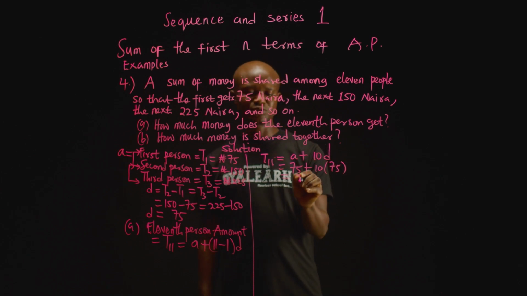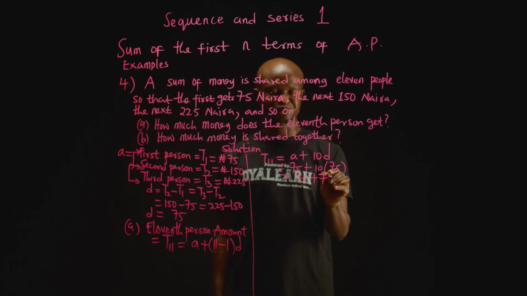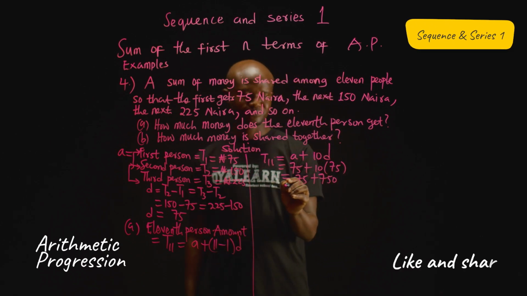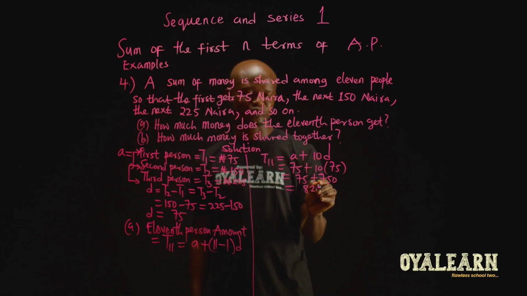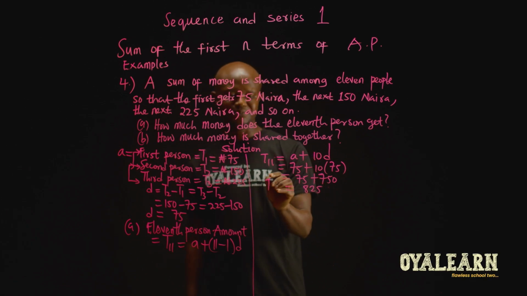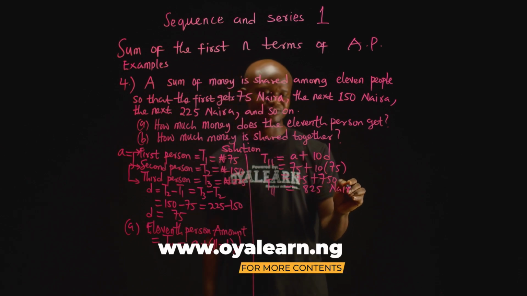So we have 75 plus 10 times 75, that's 750. And 750 plus 75 gives us 825. So it means that the 11th person gets 825 naira.